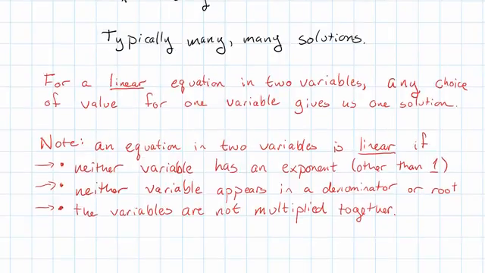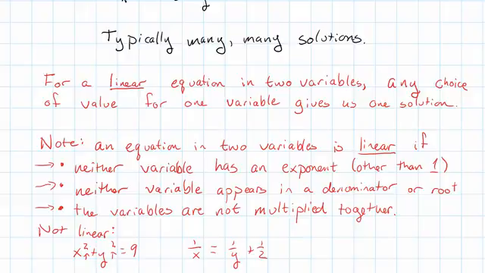Some equations that are not linear: x squared plus y squared equals 9 would not be linear because the variables have exponents. 1 over x equals 1 over y plus a half, not linear because the variables are in denominators. xy equals 6, not linear because the variables are multiplied together.